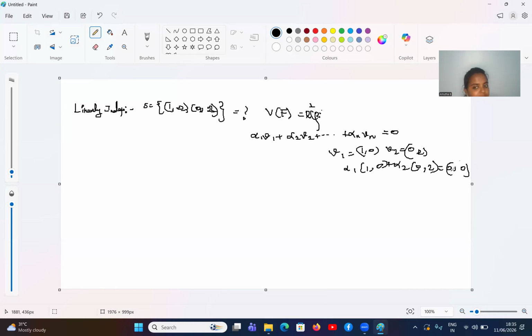Now how can we solve this? You just multiply alpha 1 with the first vector and alpha 2 with the second vector. So we get (alpha 1, 2 alpha 2), which is equal to (0, 0).